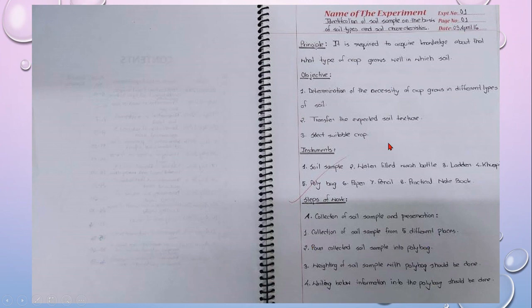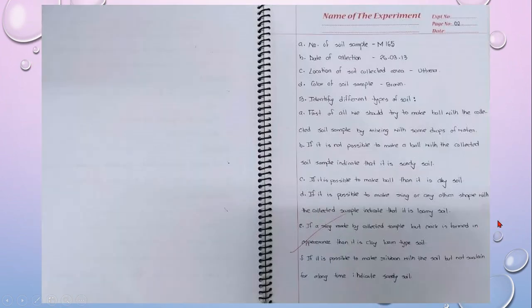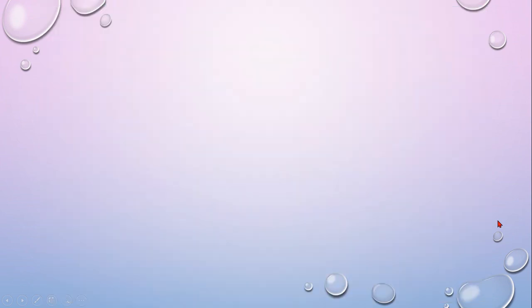Make sure the practical is written with a black ballpoint pen. This is another page, the continuation of this experiment, and there you can see the drawn picture. So do not write anything on the left hand side, everything will be on the right side, and marking as well.